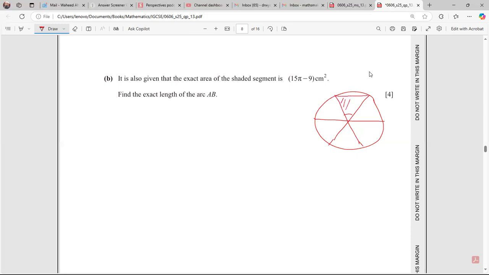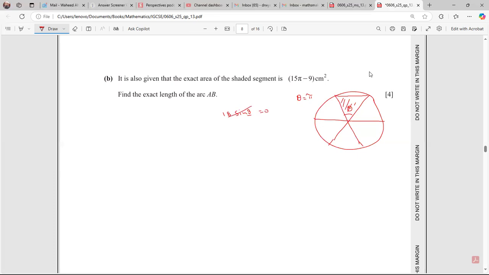If I keep increasing this angle, when theta becomes pi, the area should be 0. And yes, this is correct because the area was 18 into sine theta, so when the angle becomes pi, this becomes 0.